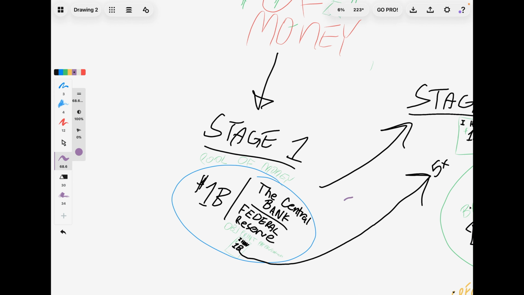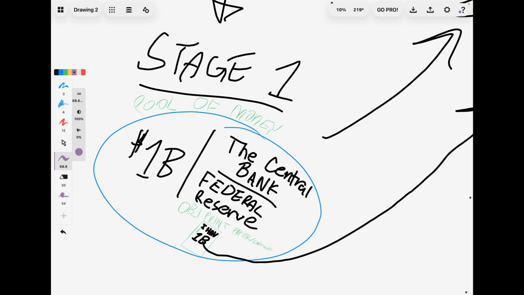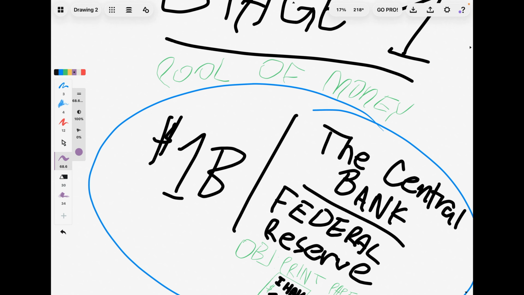So stage one of the pool of money is where it all starts, the central banking system. For the US, the central banking system is the Federal Reserve, and their job is to print money out of thin air. Well, not even money, I call it paper or contracts. So let's say we're going to create our own system that is exactly like the United States system.